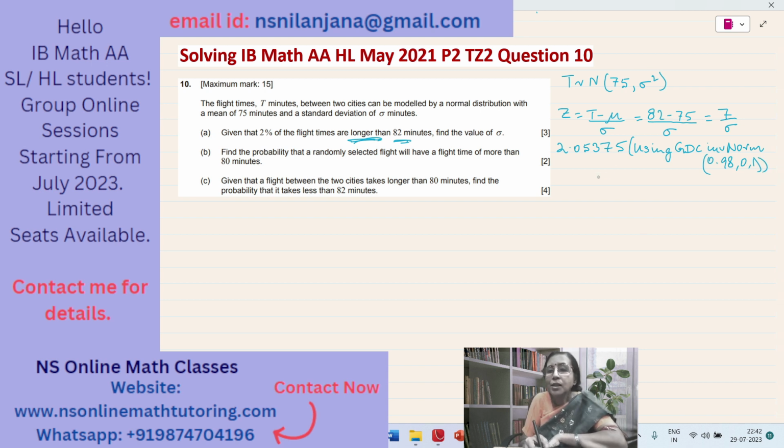This should be equal to 7 over sigma. So sigma will be equal to 7 over 2.05375.